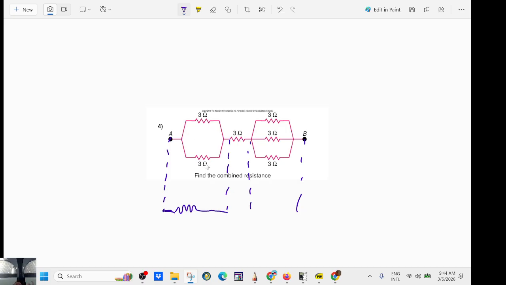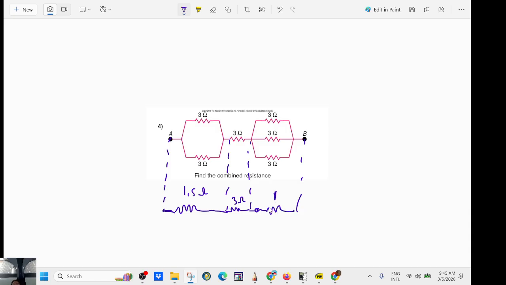So 3 and 3 in parallel is going to be what? Yeah, 1.5 because it's the same. You divide by 2. Okay, 1.5. You drop it. This one, 3 and 3 and 3 and 3 in parallel.